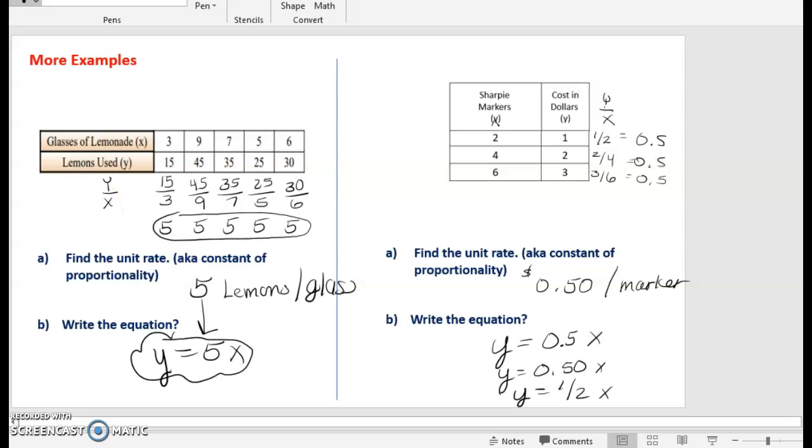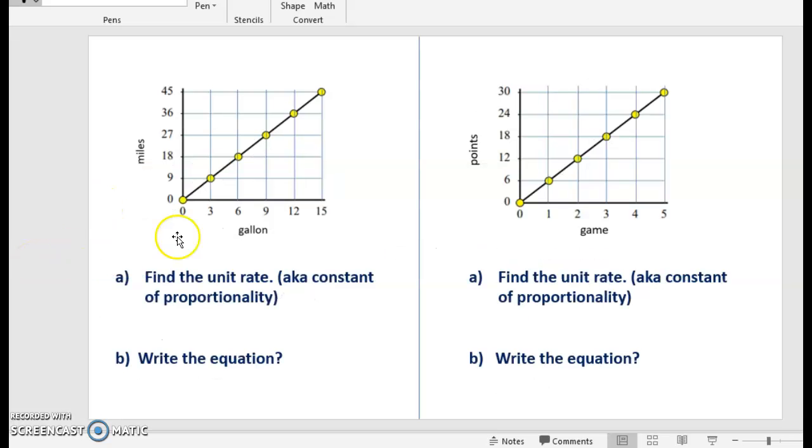All right. Two more examples. All right, so now we have two graphs. So everyone take a minute and think about what would the unit rate of this graph be? Right, it would be 3. So I'm going to pick a point. I'm going to use this one. Our y is 9 and our x is 3. Right, so we have y over x, which is 9 over 3.